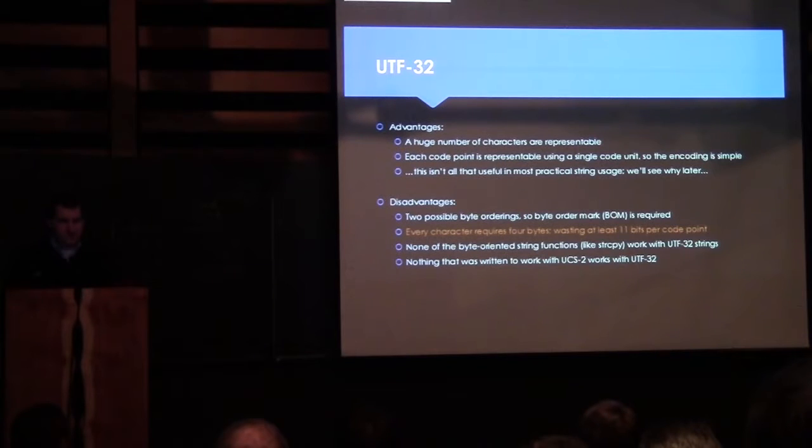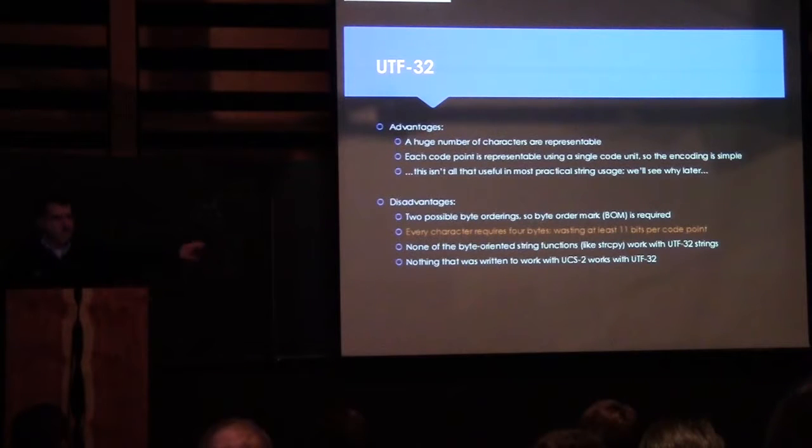Every character requires 4 bytes, and as we saw, we've only expanded the code space to support about 1.1 million characters, which means that we're wasting at least 11 bits out of every one of those 32-bit units. So it's by no definition dense. It wastes a lot of space. None of the byte-oriented string functions work, just like with UCS-2, and most importantly, nothing that was written to use the UCS-2 encoding works with UTF-32 because the code units are of a different size.